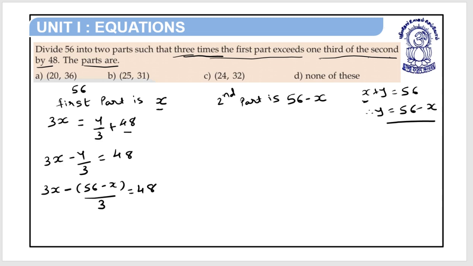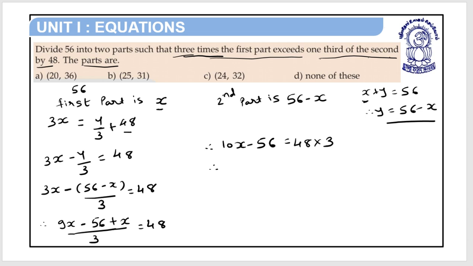So 3 3s are 9x minus (56 minus x) by 3 is equal to 48. So 9x plus x, 10x minus 56 is equal to 48 into 3. 3 multiplied with 48: 3 8s are 24, 3 4s are 12 plus 2, 144.